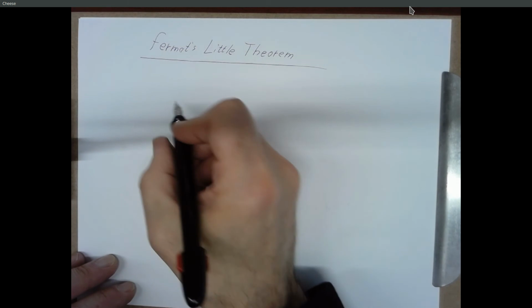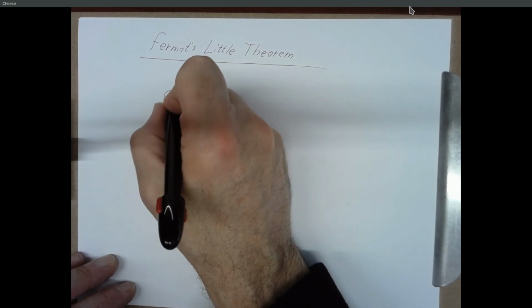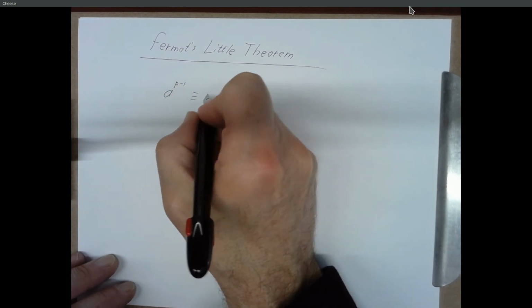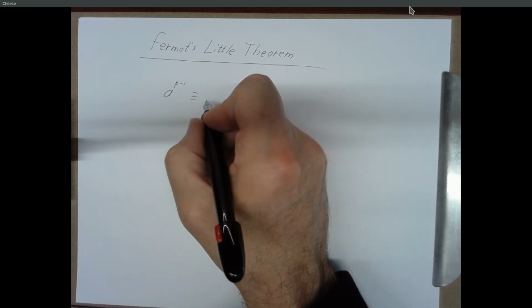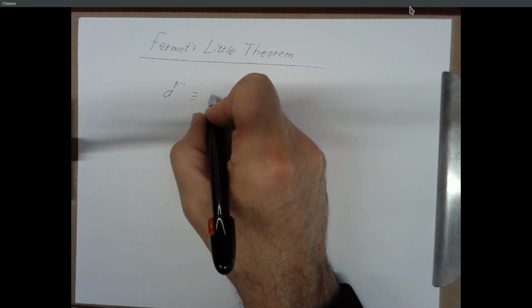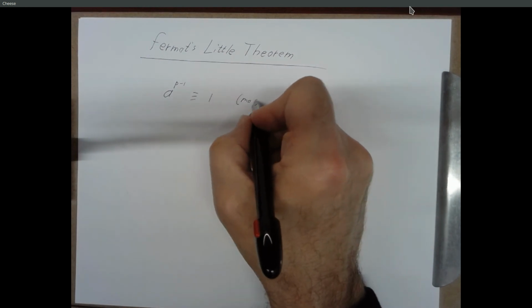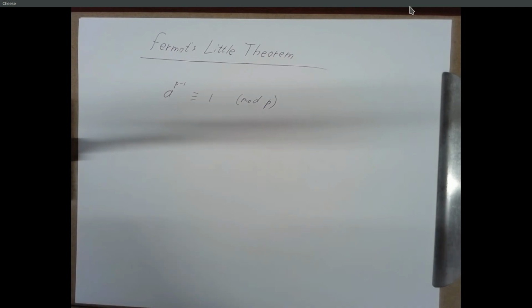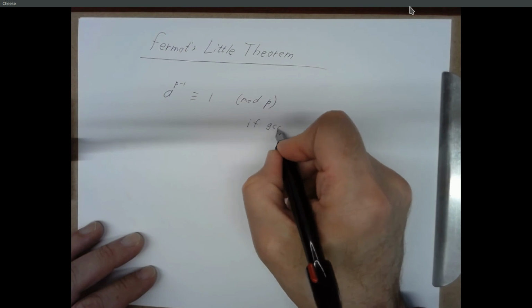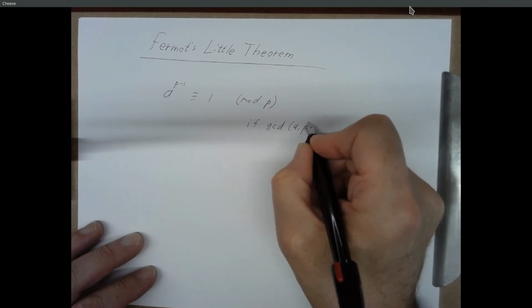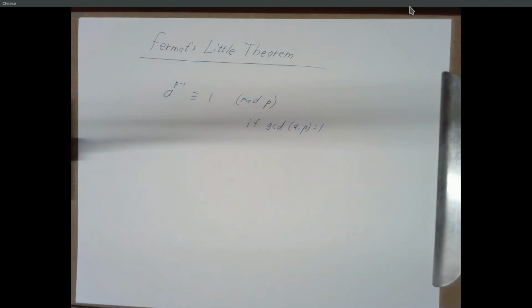And Fermat's Little theorem is basically a to the p minus 1 is congruent to 1 mod p, as long as the greatest common divisor of a and p is 1.